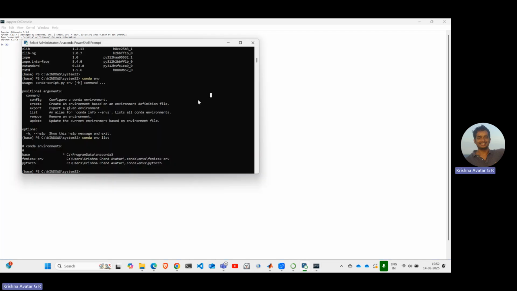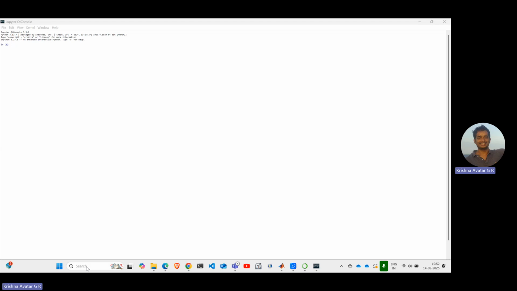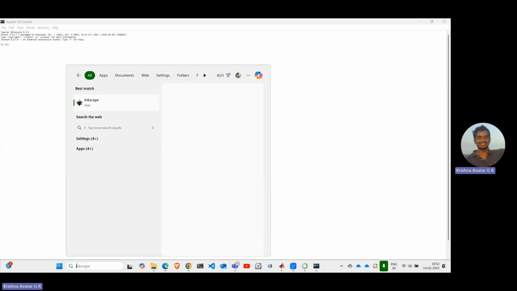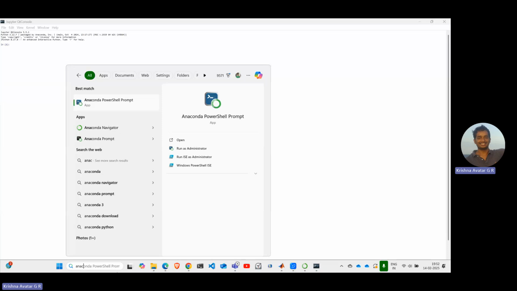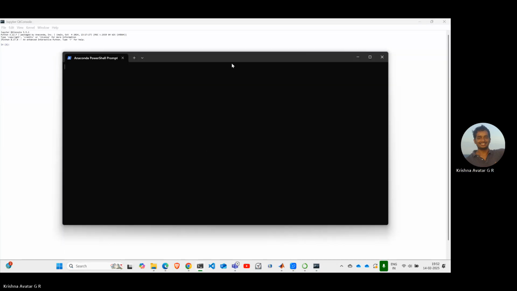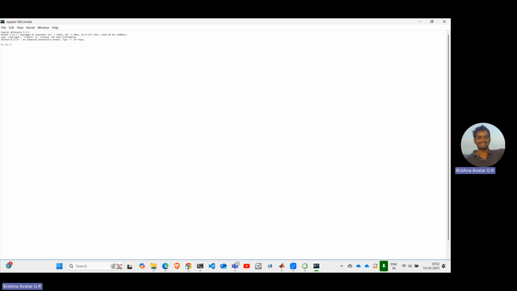This part is done. Of course, I can also use the Anaconda terminal, the Anaconda PowerShell prompt, and type IPython. This is how it looks. Right? And let's get going.